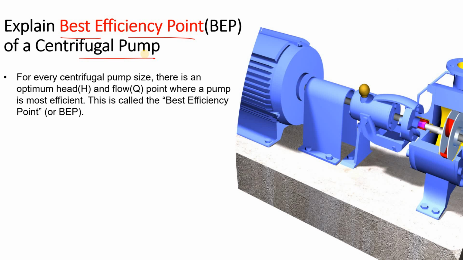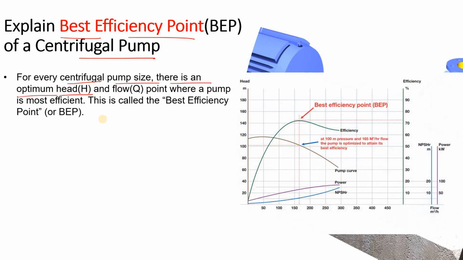See, for every centrifugal pump size, and this best efficiency point context comes only when we talk about the centrifugal pump. Okay, it doesn't come into the picture when we talk about the positive displacement pump. Please understand that. Fine. Now, for every centrifugal pump size, there is an optimum head, which is denoted by H, and the flow rate, the flow point where a pump is most efficient.